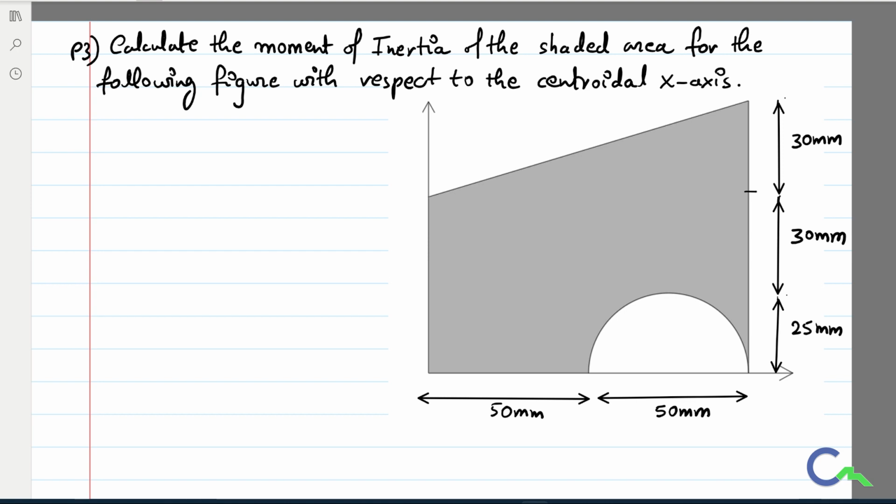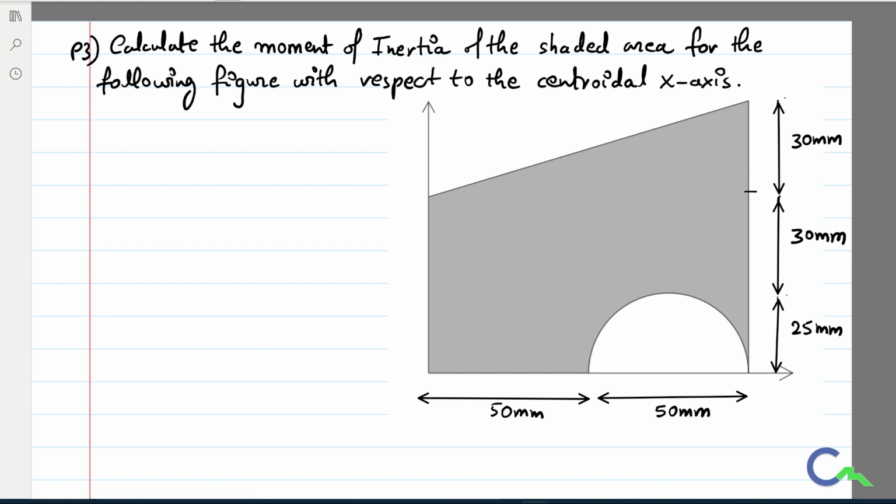So the third problem I'm going to discuss: calculate the moment of inertia of the shaded area for the following figure with respect to the centroidal x-axis. So we have to find the moment of inertia about the centroidal xx axis. They asked only about the centroidal xx axis, so no need to find x bar, only we have to find y bar.